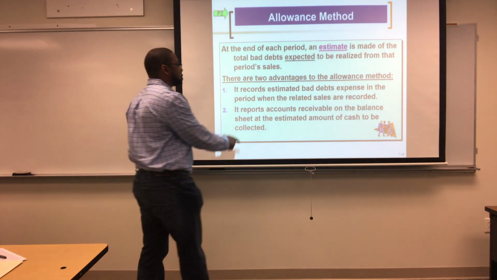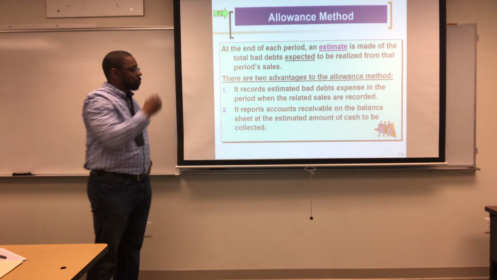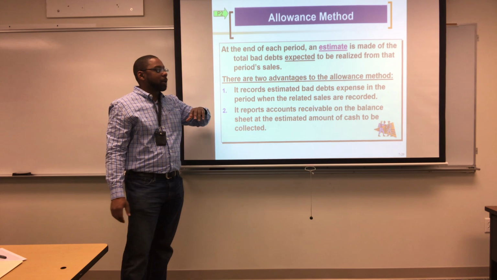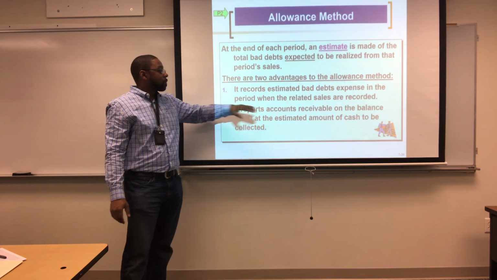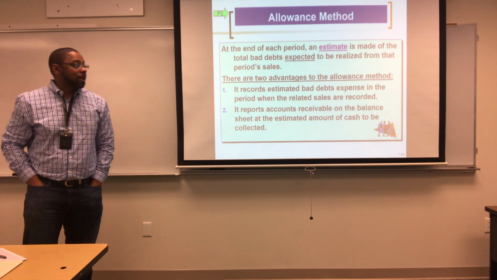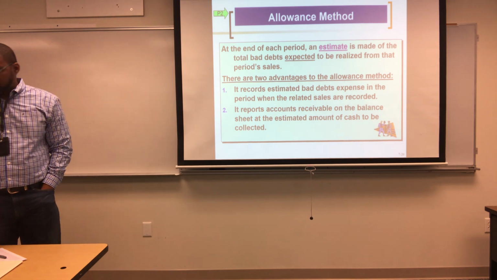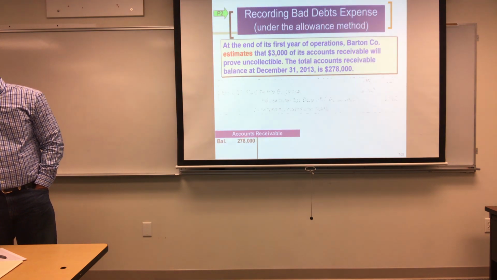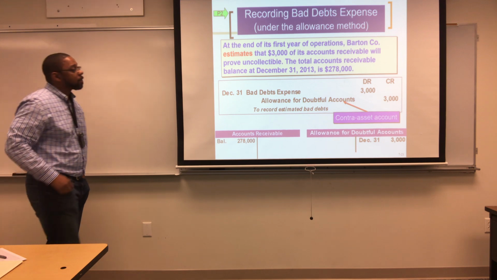All right, so there are two advantages to this. One, it records the estimated bad debt expense in the period when related sales are recorded. Secondly, it reports accounts receivable on the balance sheet at the estimated amount of cash to be collected. So here's an example.